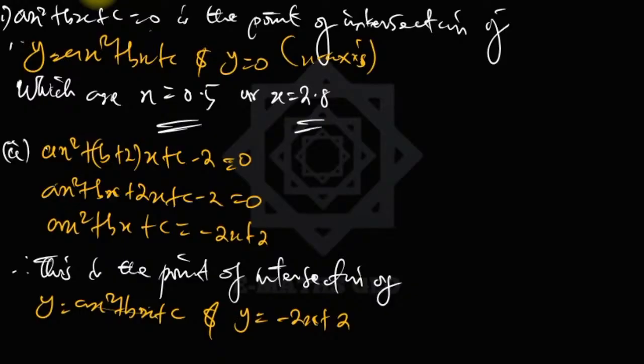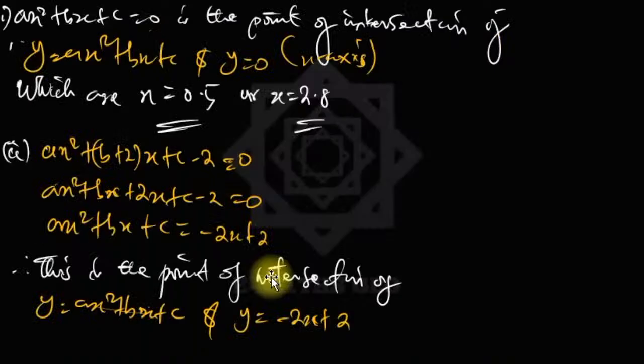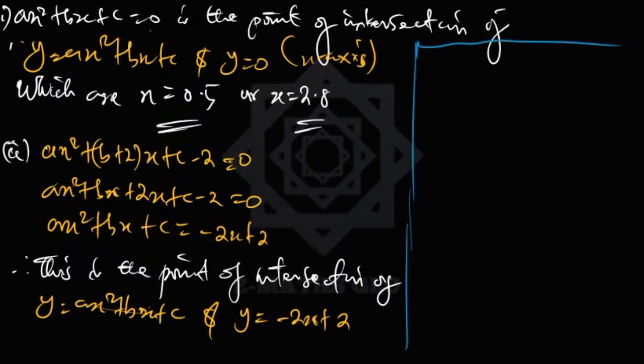As you can see, the graph of ax squared plus bx plus c is this curve. So we need to draw the graph of y equals minus 2x plus 2, and this is a line, a slant line. So let's draw the line, and for you to get a particular line, you need 2 points. So we need only 2 points for us to get a particular line.